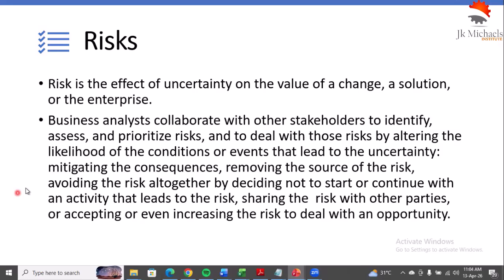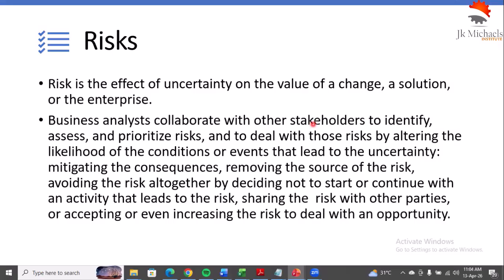Other stakeholders like the IT consultants may see IT problems, and quality people may see quality problems, right? And that's why it's very important to collaborate with other stakeholders so that we can identify risks without unintentionally ignoring any. You don't want to inadvertently miss certain risks that you normally would not consider because they are not part of your domain. It's important, therefore, that we collaborate with stakeholders to identify and assess.